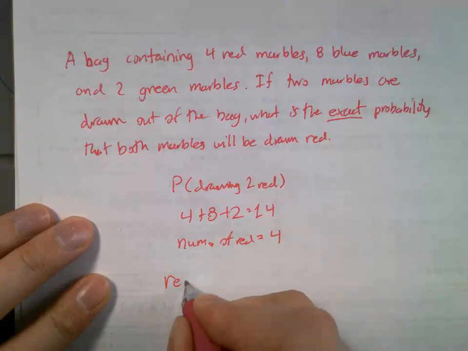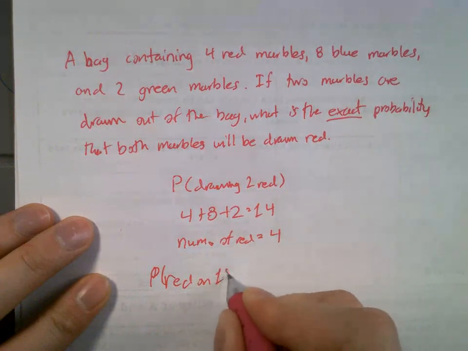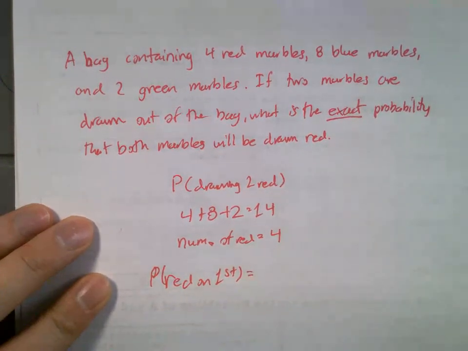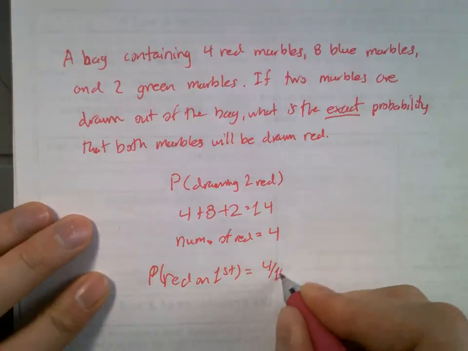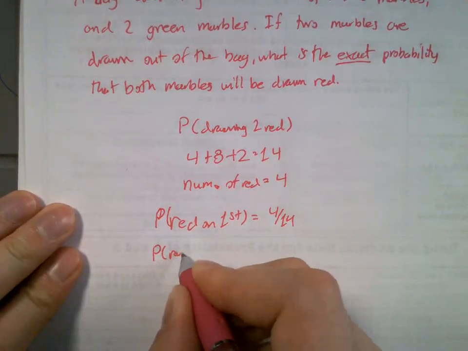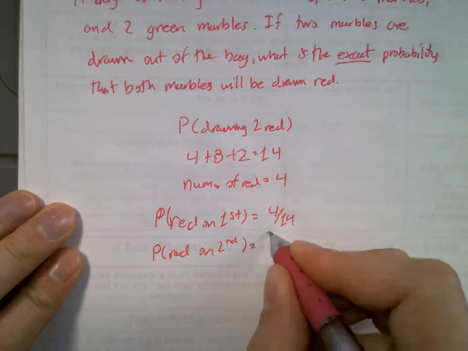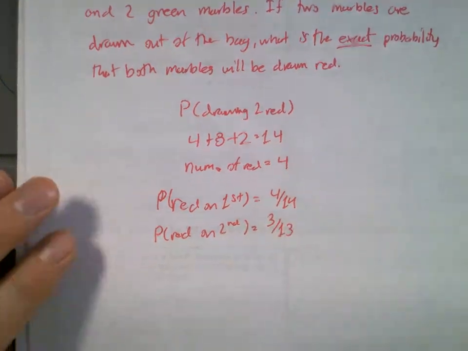So the probability of red on the first draw is 4 out of 14. Then the probability of red on the second draw is 3 out of 13.